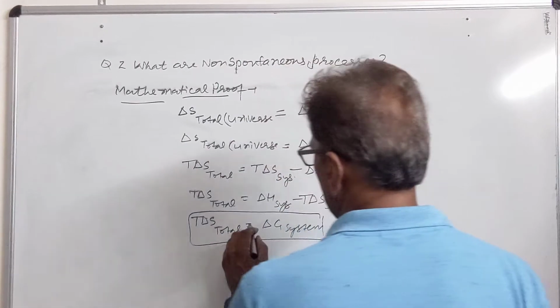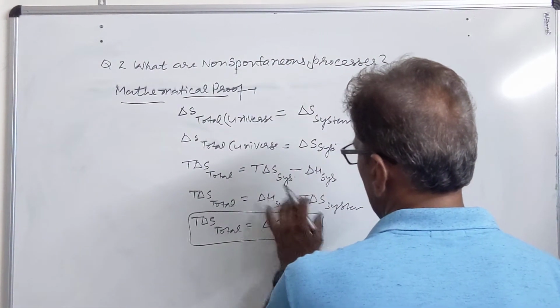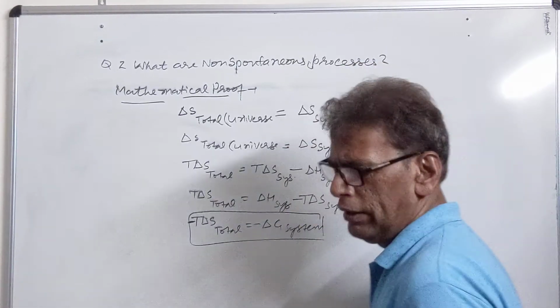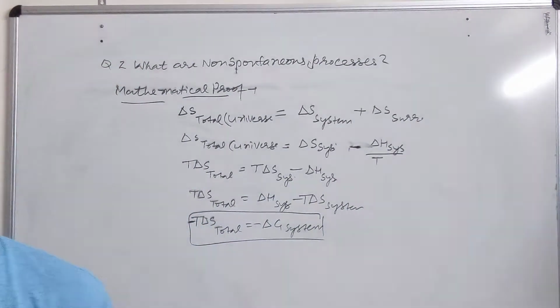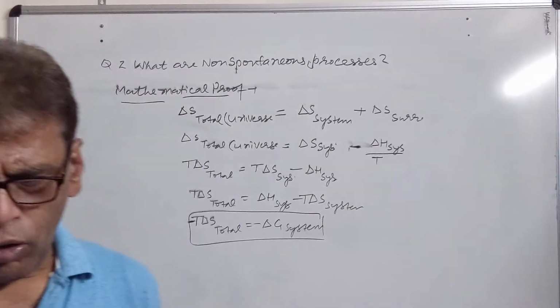They are given negative sign here when T delta S is brought to this side. So now we get that delta G negative is equal to minus T delta S total.